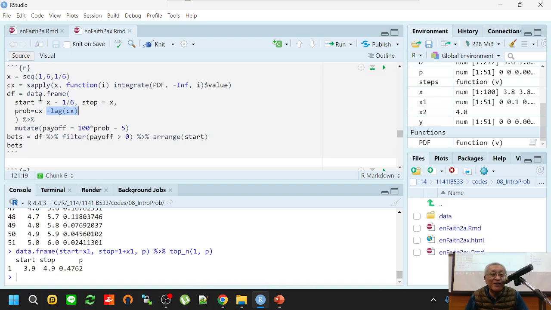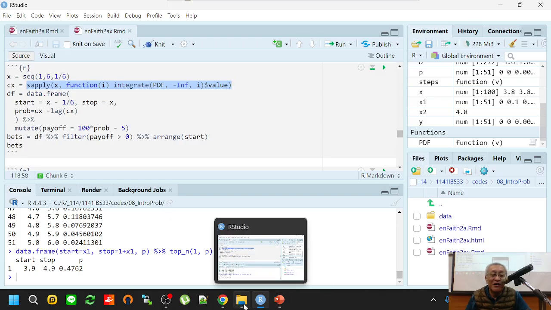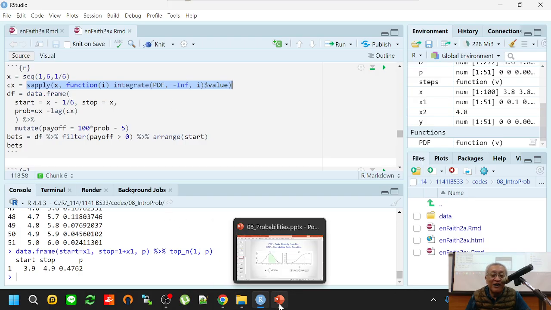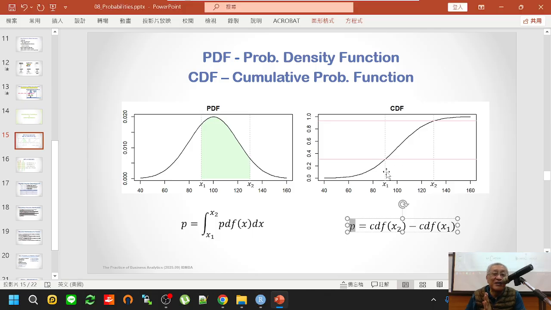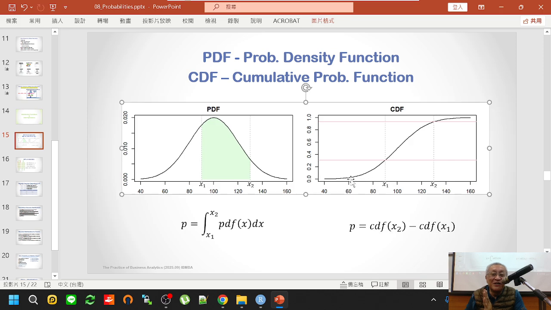Because in this expression, I have already calculated the CDF value for every 10-second boundary. Let me say it again.